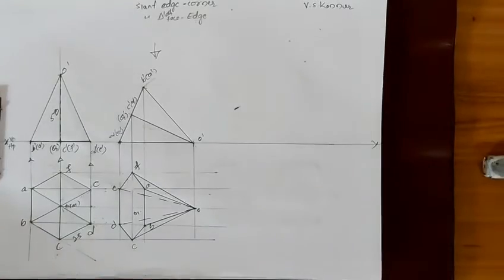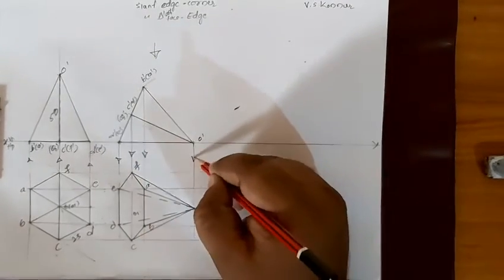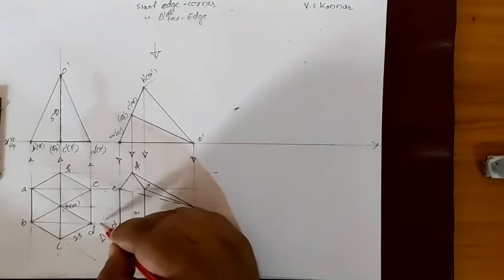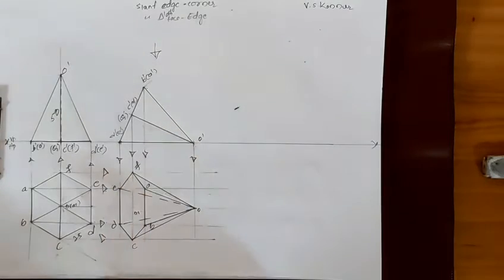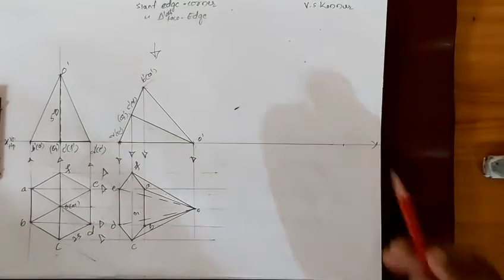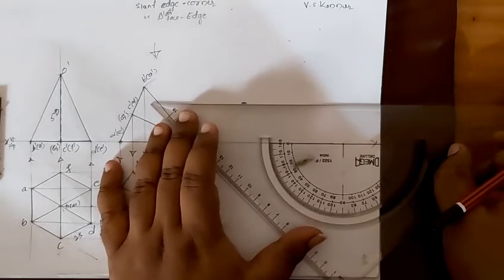So this is the second position, resting on one of its slant triangular faces. Now we'll take a 45 degree line, we'll mark it here, and take a 45 degree line on XY.